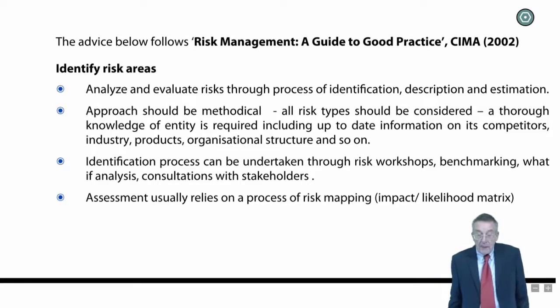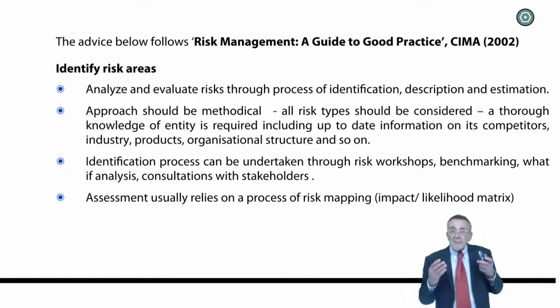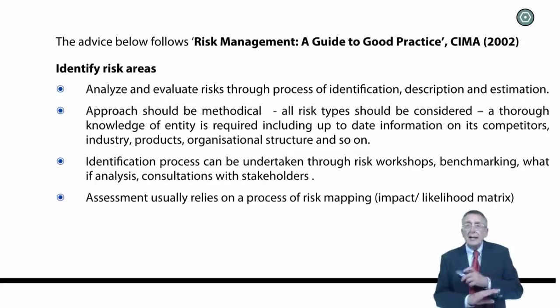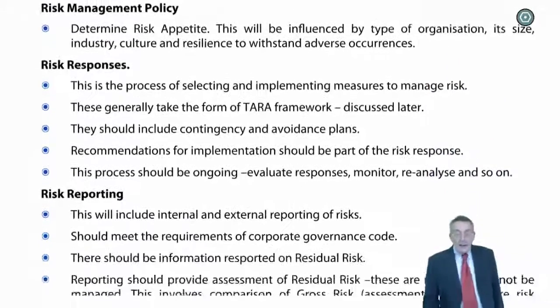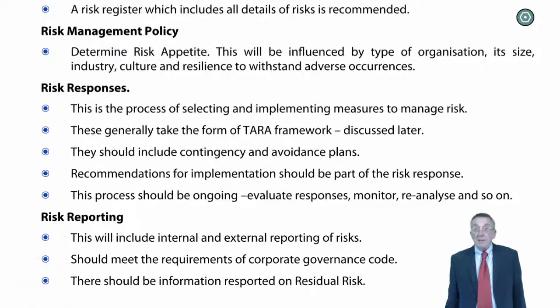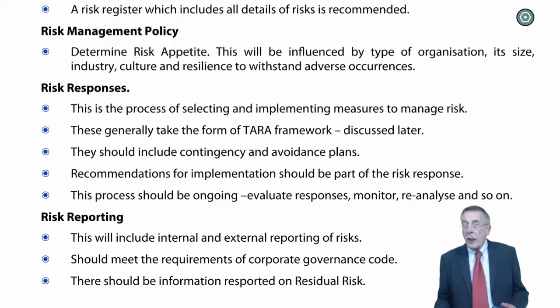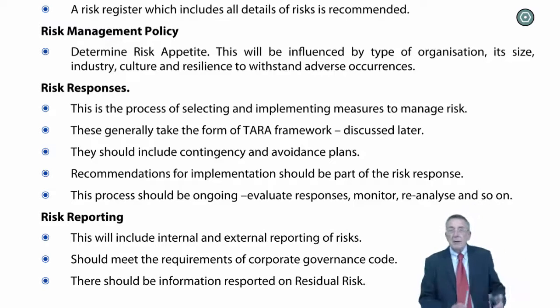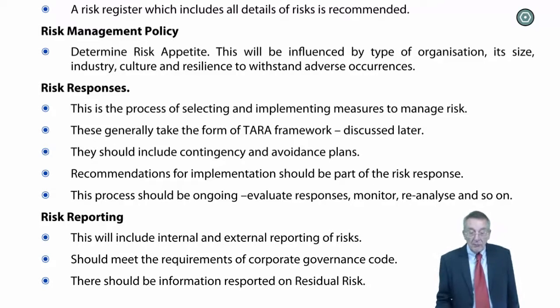Have risk workshops, benchmarking, consultations with our stakeholders, shareholders and whoever. But go through and identify all the risks that exist. It mentions having a risk register. Again, we need to be really methodical. Area through the business, identifying, listing, recording all the risks.